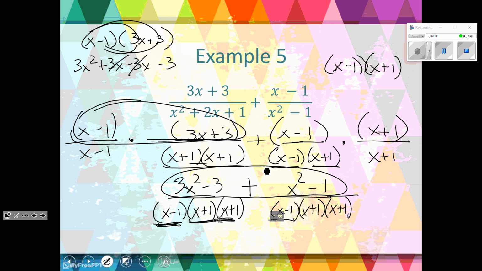What do I have? Okay, what does that give me? 4x squared and negative 3 and negative 1 gives me negative 4 over x minus 1 times x plus 1 times x plus 1.